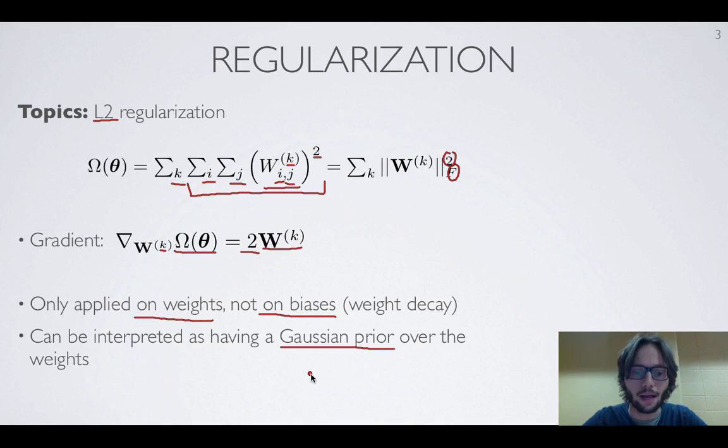If you were to do maximum a posteriori fitting of your probabilistic model on the training set, then you'd have a term which would correspond to the sum of the squares of the parameters. That comes out of assuming that there's a Gaussian prior on the weights. I won't discuss this so much, but this is a notion that people familiar with probabilistic modeling and graphical models will recognize.